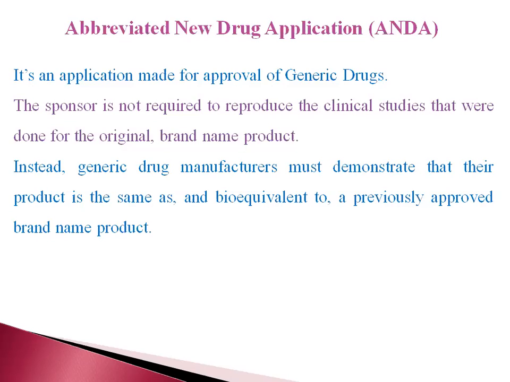Why do we need to discuss BA and BE? Because in some cases, we need to file an ANDA application, abbreviated new drug application. In that case, if there is one product in the market, we call it a branded drug. Once the patent period is expired, generally competitors will try to manufacture that patented product.